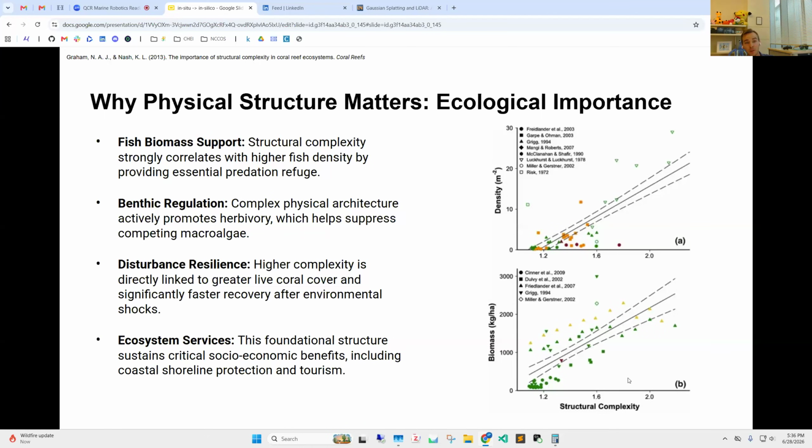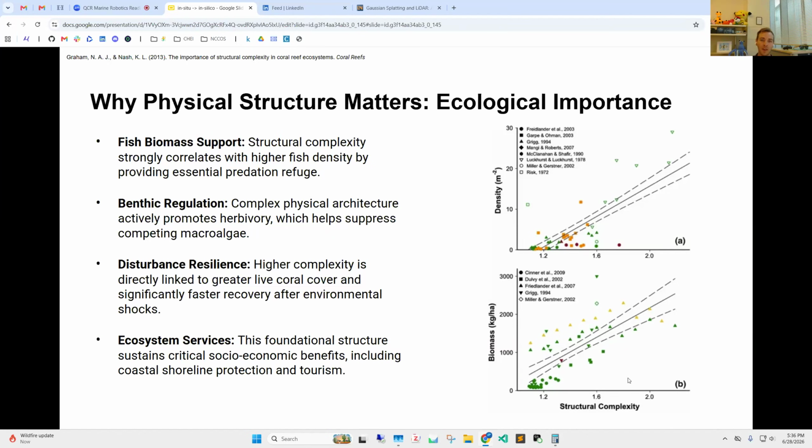There's a really good paper by Graham and Nash in 2013. If you're interested in ecology, I highly recommend it. To summarize what structural complexity is, and this is a direct quote from them, it's that the physical architecture actively dictates how the entire ecosystem functions.